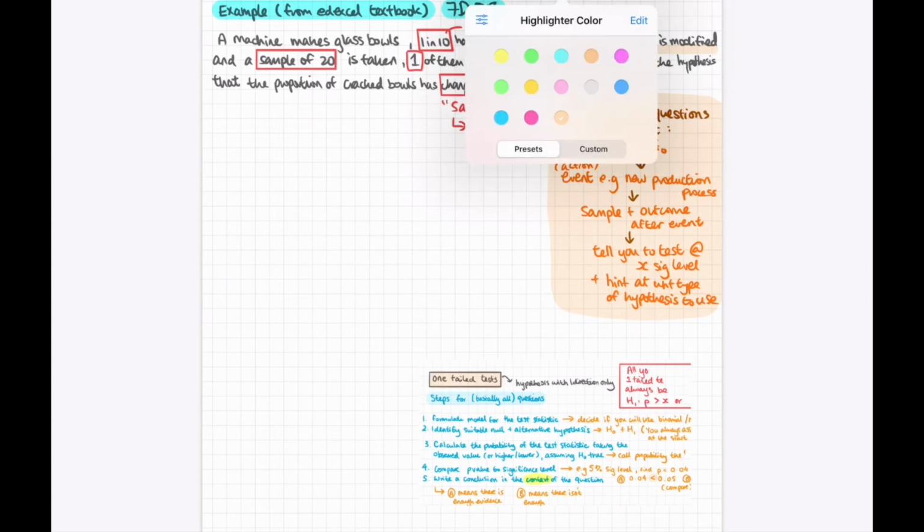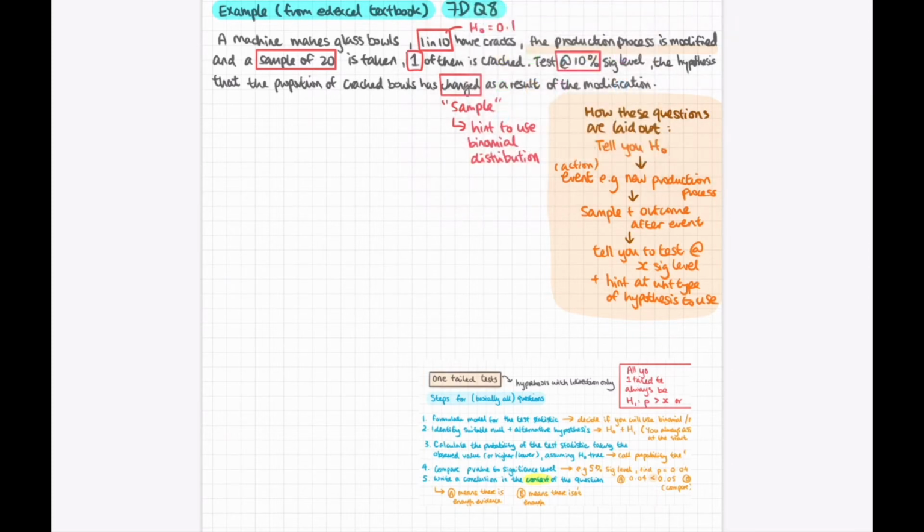So changed is telling you that you need to use a non-directional or two-tailed hypothesis. So how do we do this question?